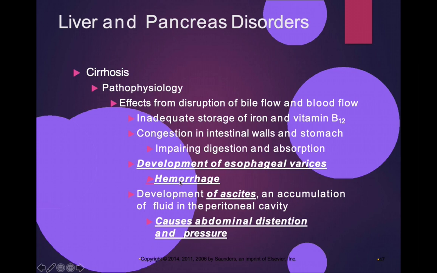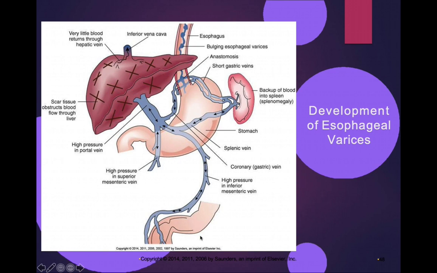And then you're not clotting very well because you have the loss of those clotting factors, right? Vitamin K and prothrombin. You develop ascites and accumulation of fluid in the peritoneal cavity, and that causes the abdominal distension and pressure. Okay? So then you can get this accumulation going into the stomach, this puffiness of the stomach, the swelling in the intestines. You can get these esophageal varices.